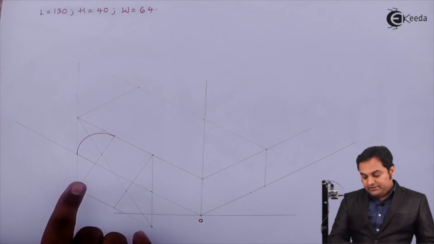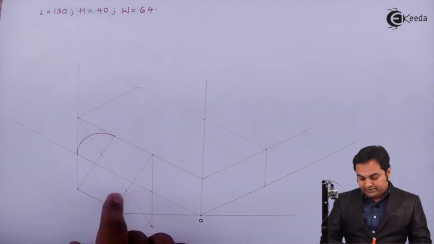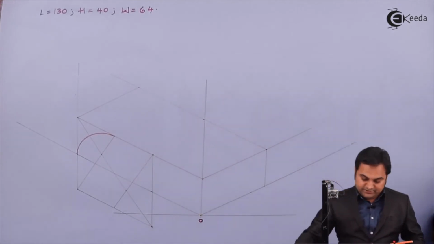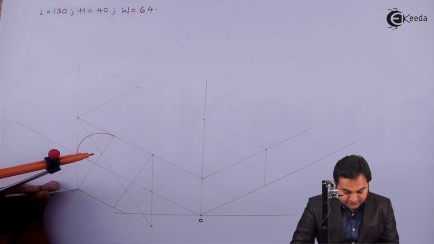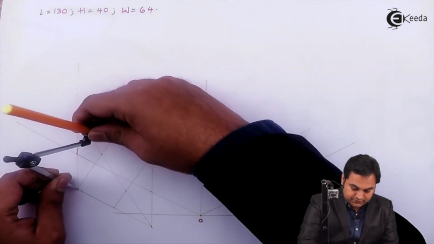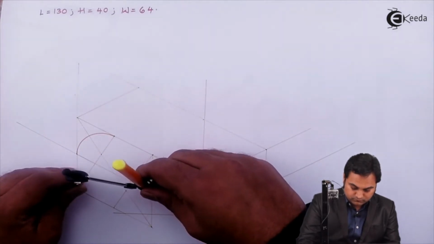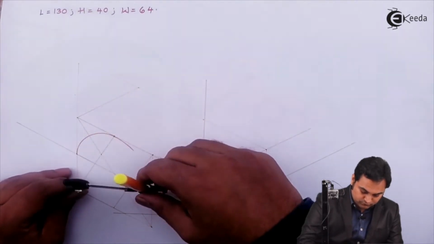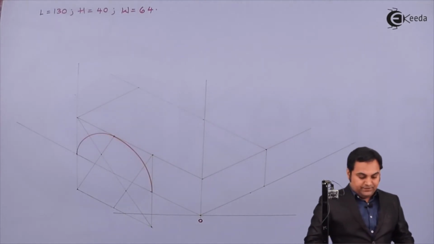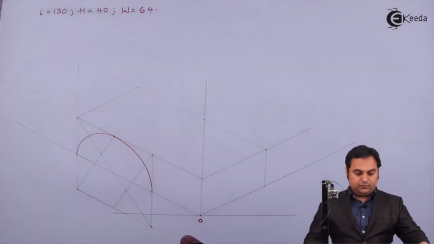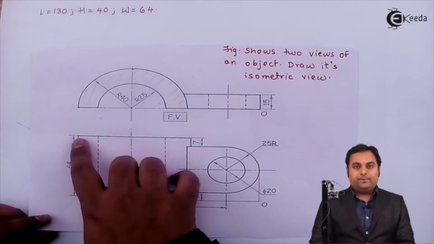Next, I need another arc here because I want a semicircle, so this point should be connected here, and for that the center is at this location. So keeping this point as the center, here is this distance. Drawing a light arc in this manner, then this semicircular portion is having a width of 64 mm.